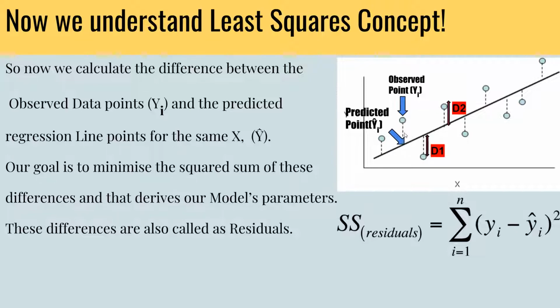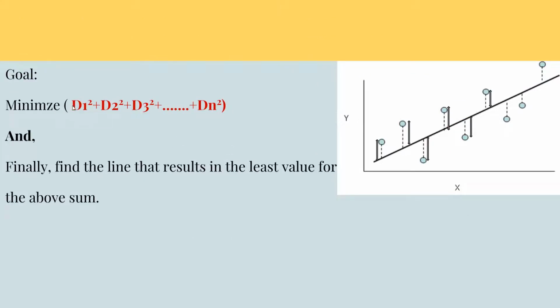And the difference between these two, the distance between this observed data point and this predicted data point, is D1, D2, and so on till Dn, as many points as we have. So what is our aim? Our goal is to minimize this sum of squares, D1 square, D2 square, D3 square till Dn square.